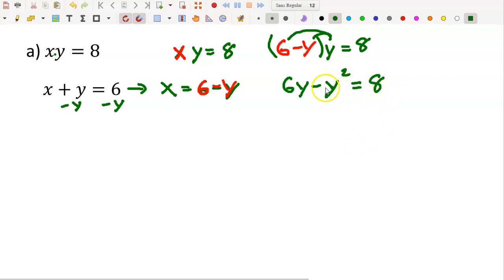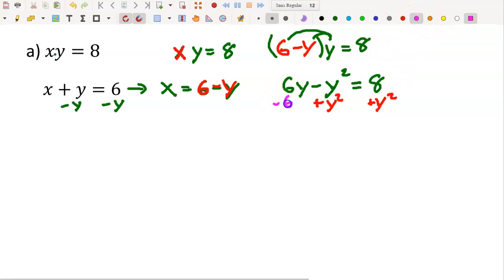Recall that when you're doing quadratic solving, it has to be equal to 0, and you want the y squared or the x squared, whatever's quadratic, to be positive. So while you might be thinking, well, get it equal to 0, subtract 8, you probably want to move the left side to the right side just so that the y squared is positive. The factoring just is easier when you have a positive quadratic term.